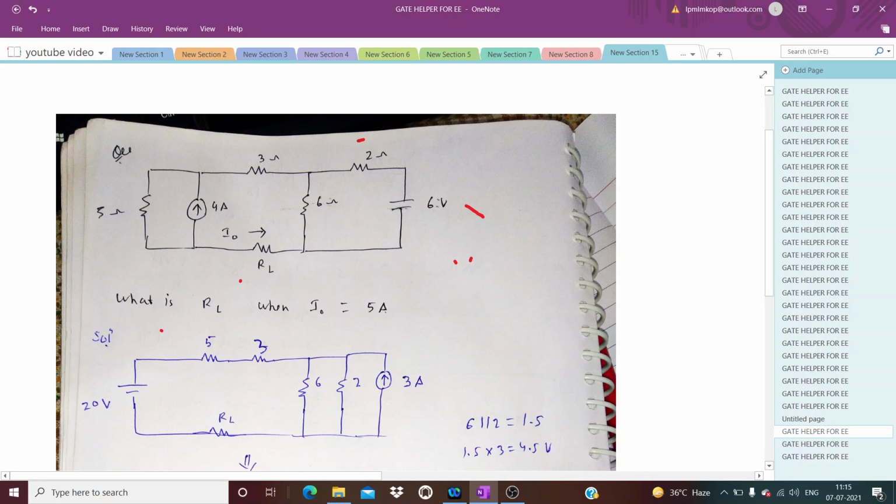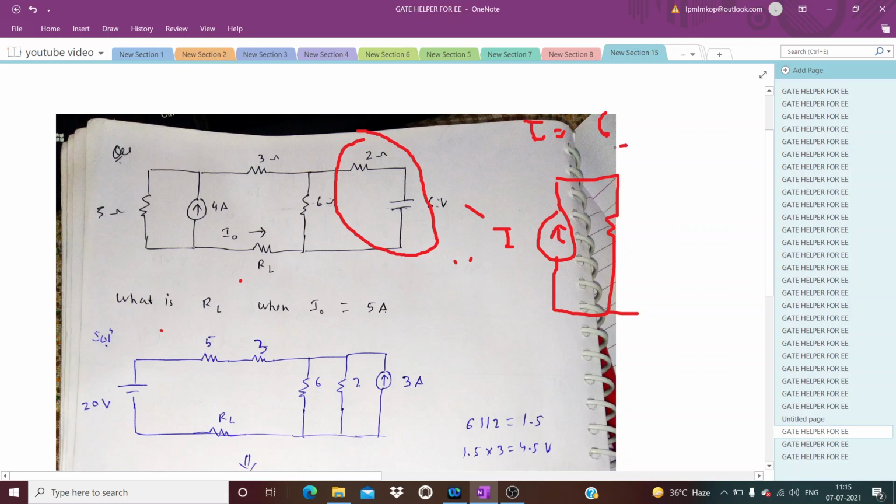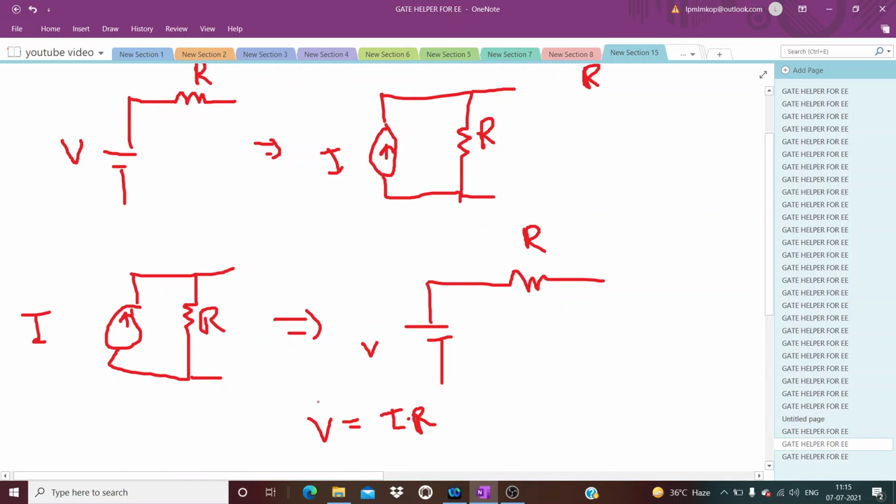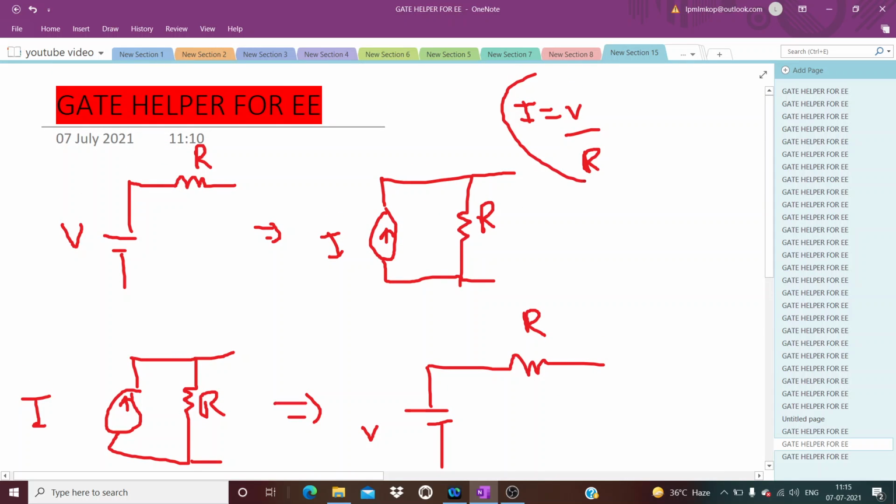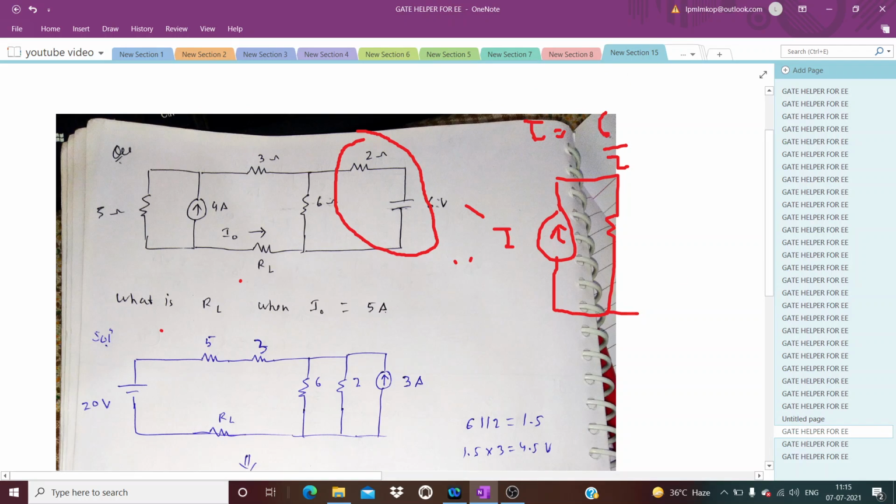This part can be converted into a current source in parallel with a resistance. The current source value I will be simply V by R, so 6 by 2 equals 3 ampere. The resistance stays as it is: this 2 ohm is in parallel with the current source. So this is the total explanation.